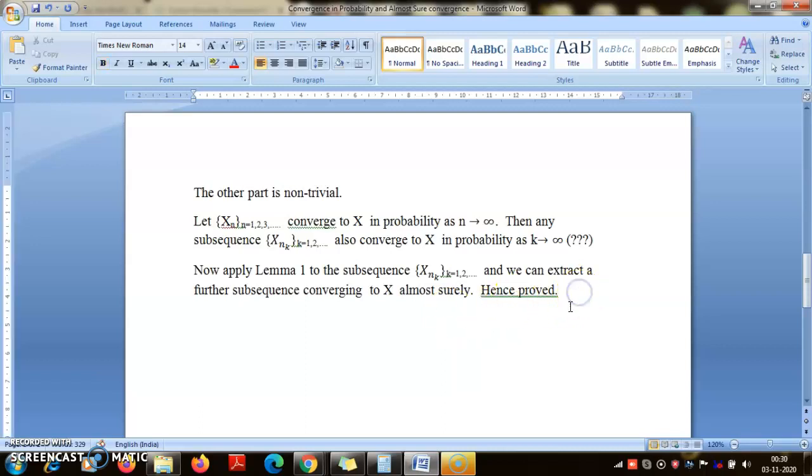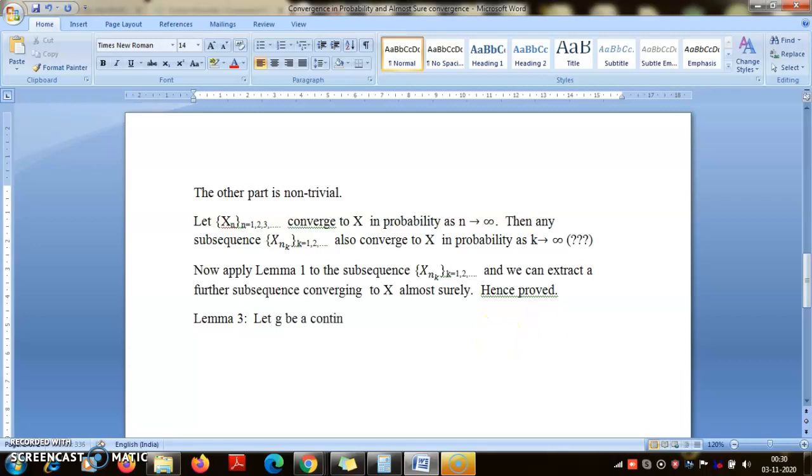Now this result proves very handy because there is this next lemma, lemma 3. Let g be a continuous function.